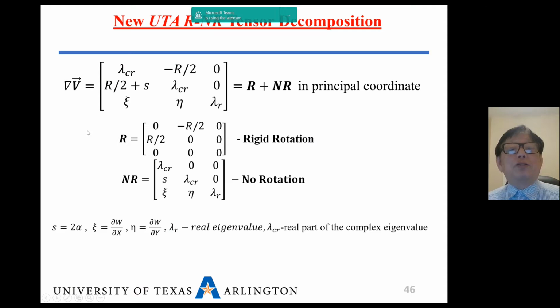So we also call it UTA RNR tensor decomposition. The velocity gradient tensor can be decomposed into two parts, R and NR. R means rigid rotation, NR means no rotation.